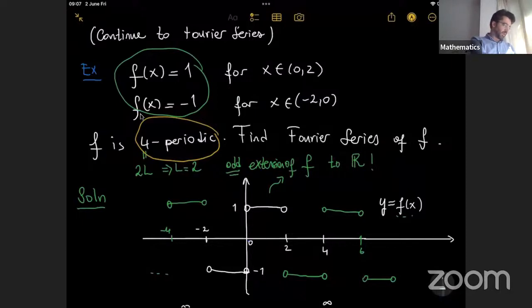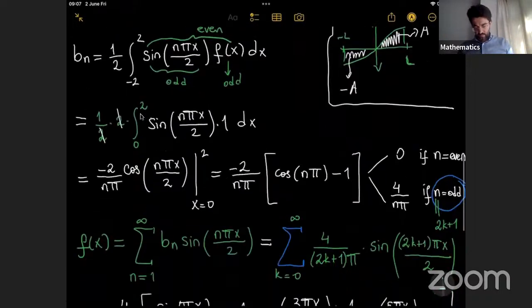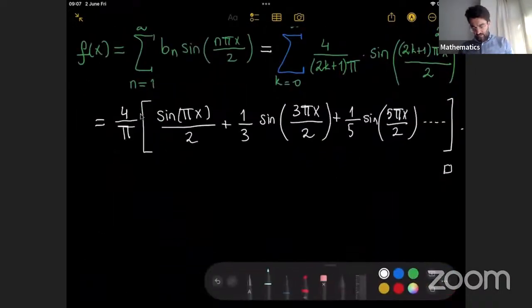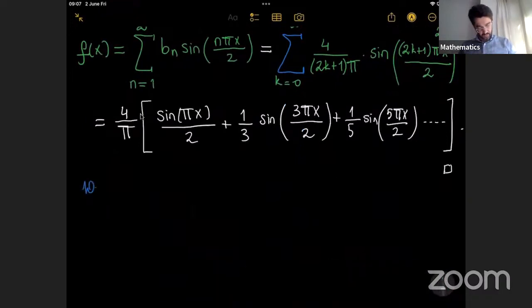Okay, good. Let's talk a little bit about odd and even functions. We already gave an example here, but formally, let's see what it is. This is section 10.4, even and odd functions.